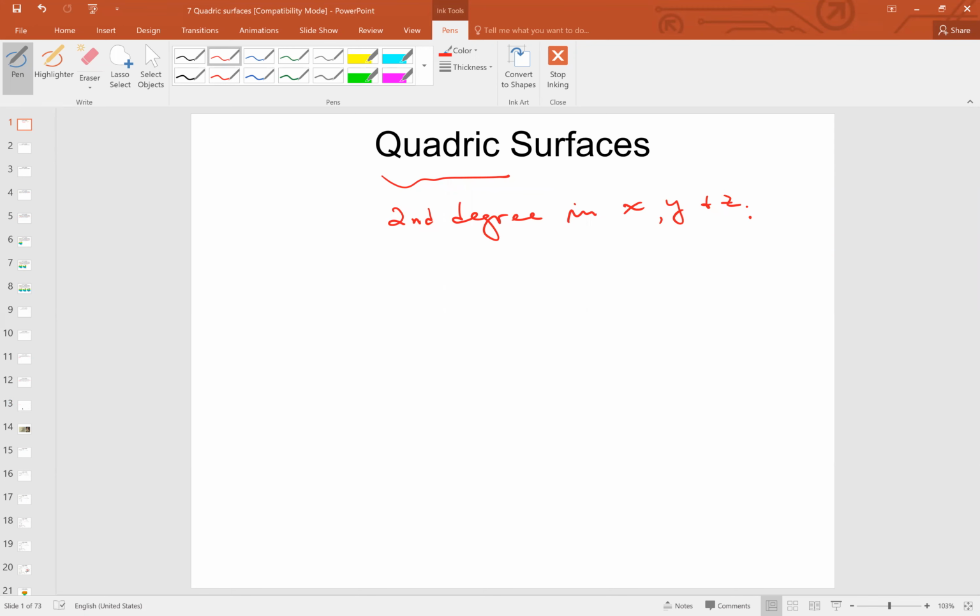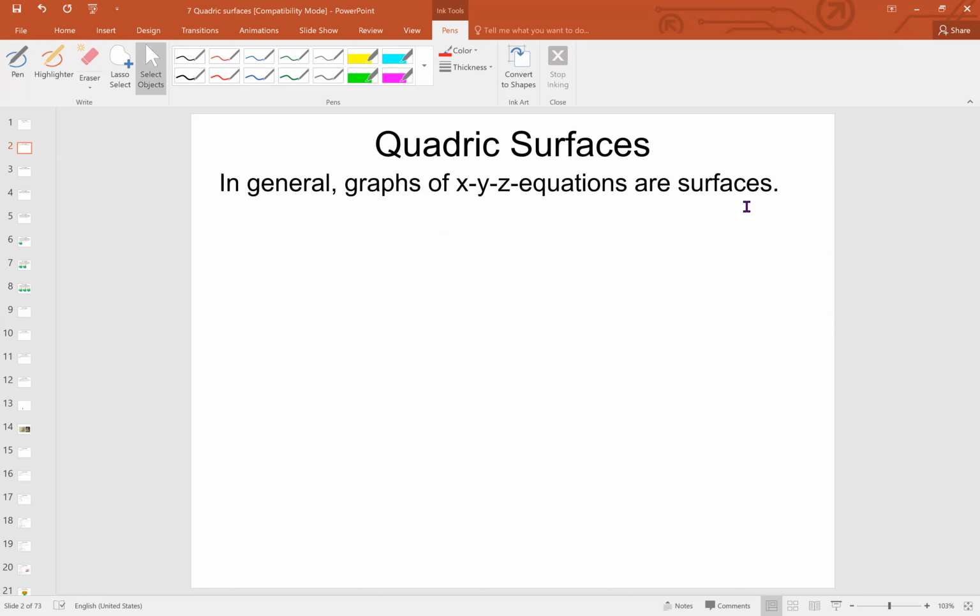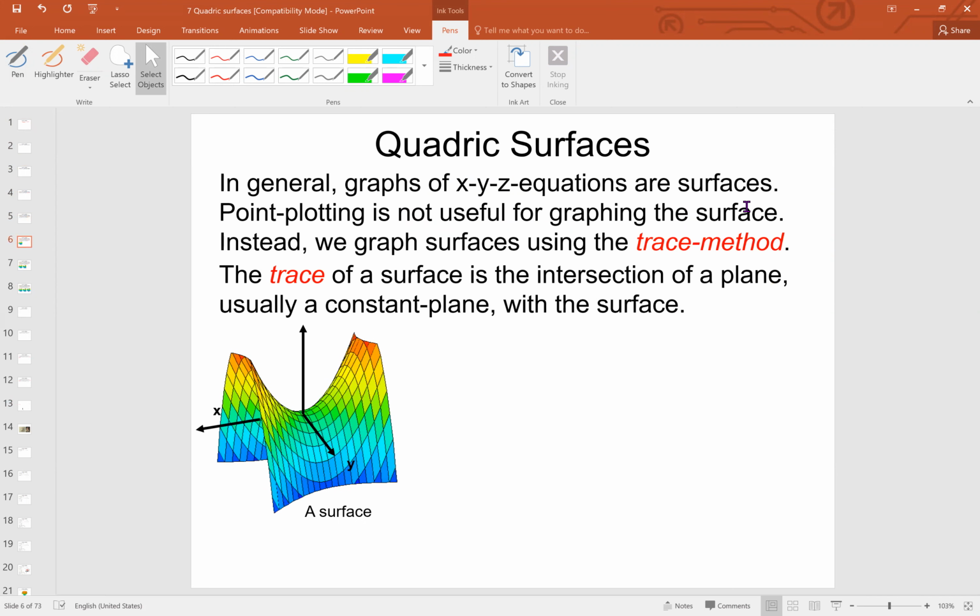And the general method we're going to use to visualize the surface of a second degree equation is to look at a trace. Suppose the graph of the equation is this saddle shape, but we don't know what it looks like.